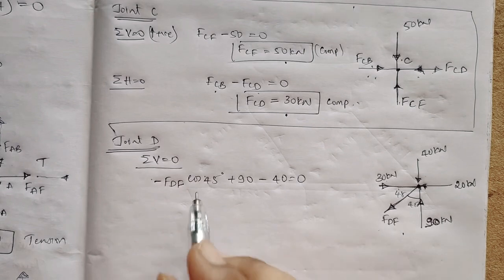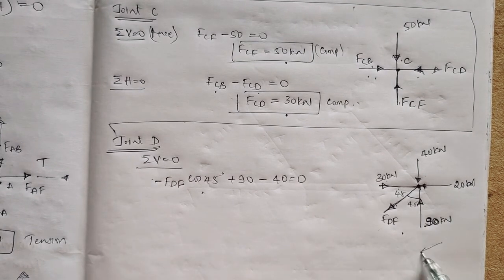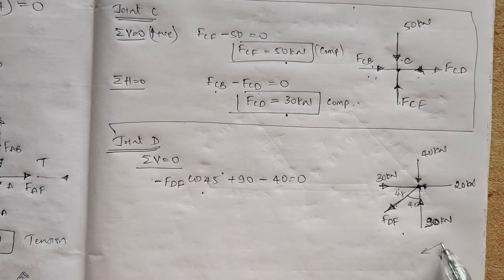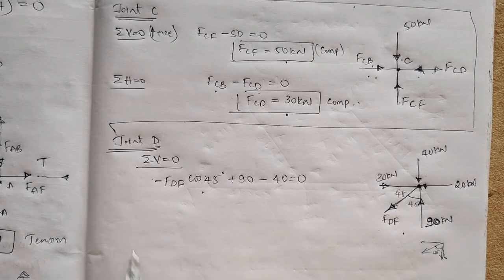Now don't ask how I took cos 45. When I resolve this FDF, one vertically and one horizontally, the vertical component will be FDF cos 45 and the horizontal component will be FDF sin 45.